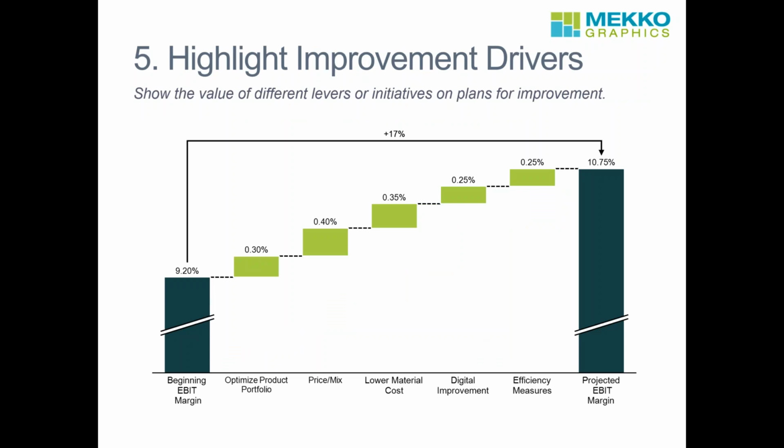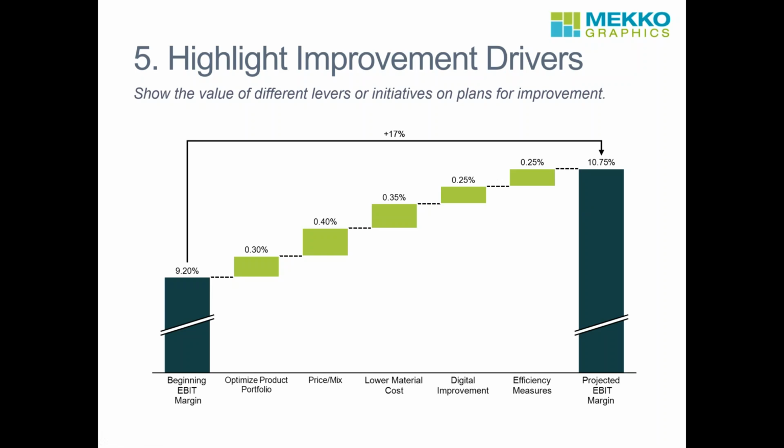So another classic use of cascade or waterfall chart. Here's a use that's more likely you'll see from your internal consulting team, or if you're a consultant presenting to your clients. You're projecting, you're coming in with a project that's going to increase your earnings before interest and taxes from 9.2% of your revenue to 10.75% of your revenue.